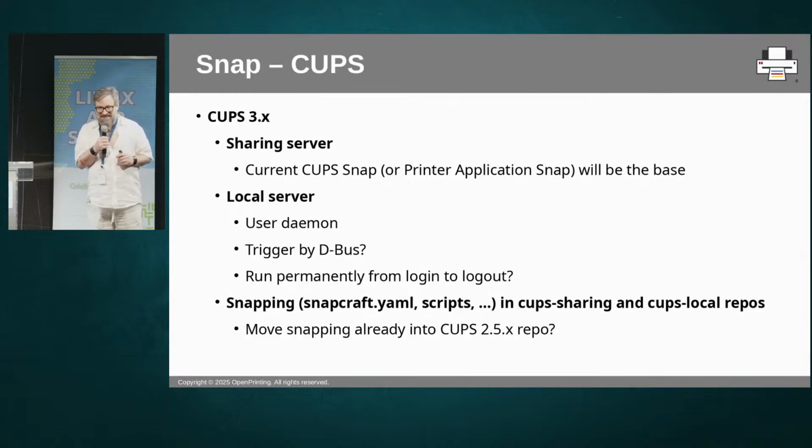This is also managed on OpenPrinting's GitHub. Currently it is managed in a separate repository named cups-snap, but we are looking into soon moving it into the CUPS upstream repositories itself, either already with CUPS 2.5 or at the transition to CUPS 3.